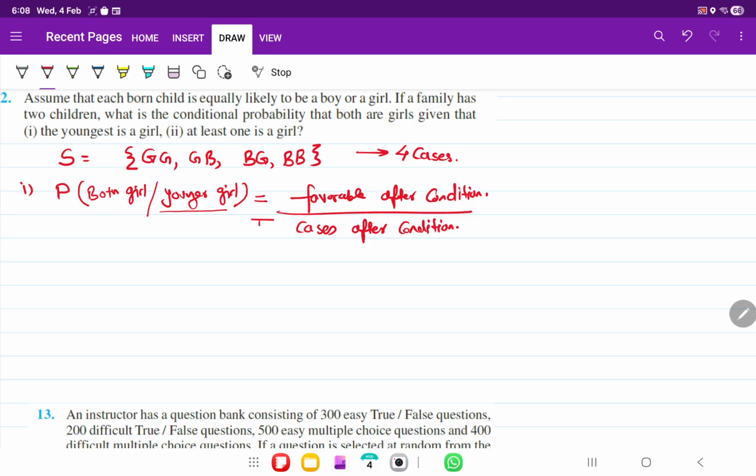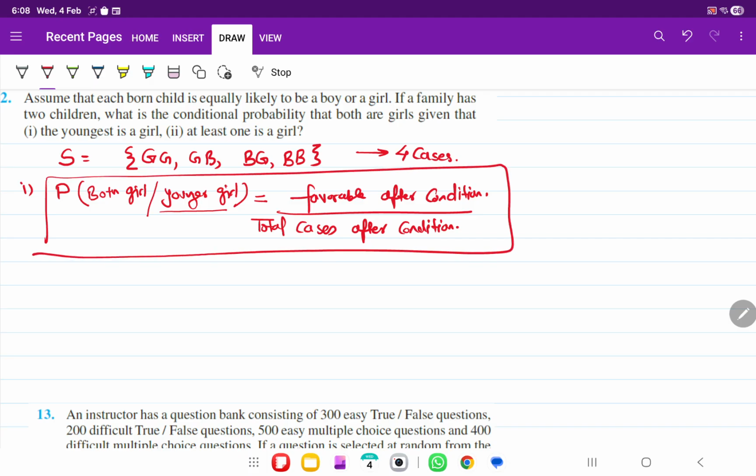And what is the condition? That younger is girl. So total cases after condition will be how much? Younger is girl, total cases will be, I think, boy girl or both are girl. Only in that it is possible, which is 2 cases.